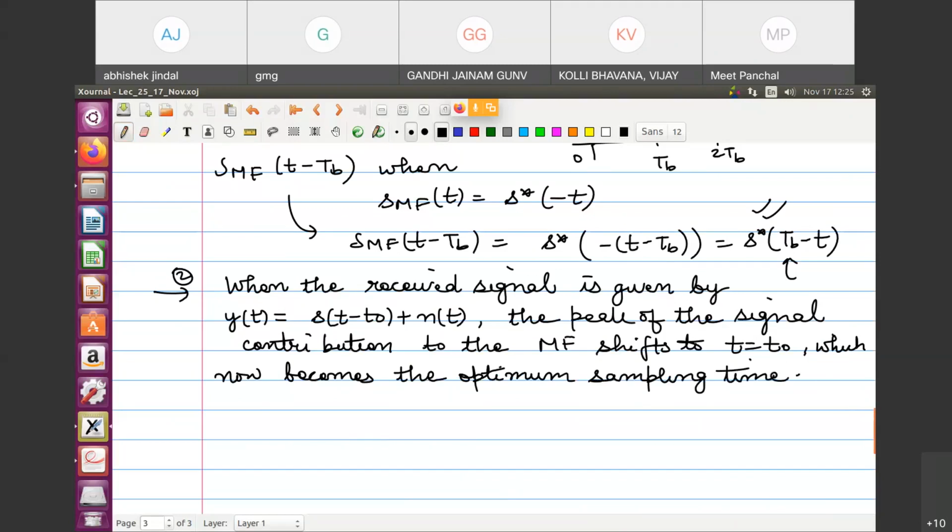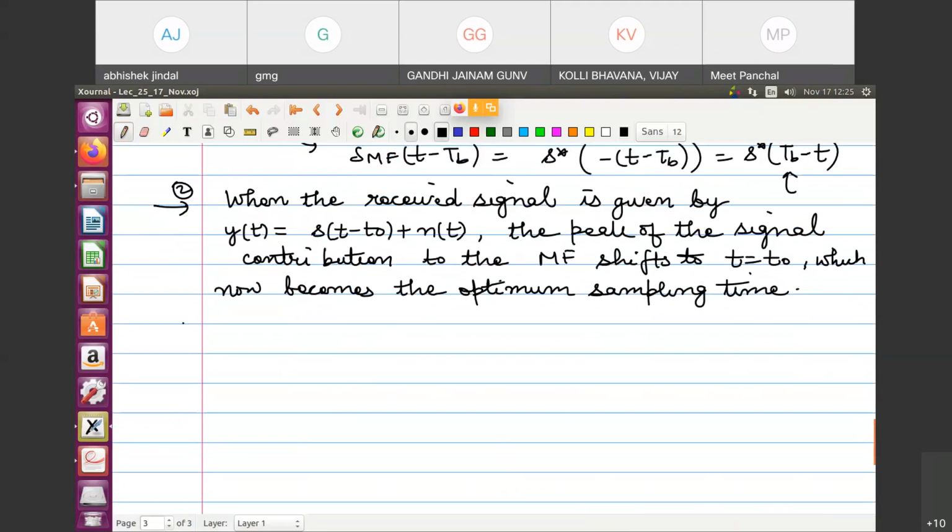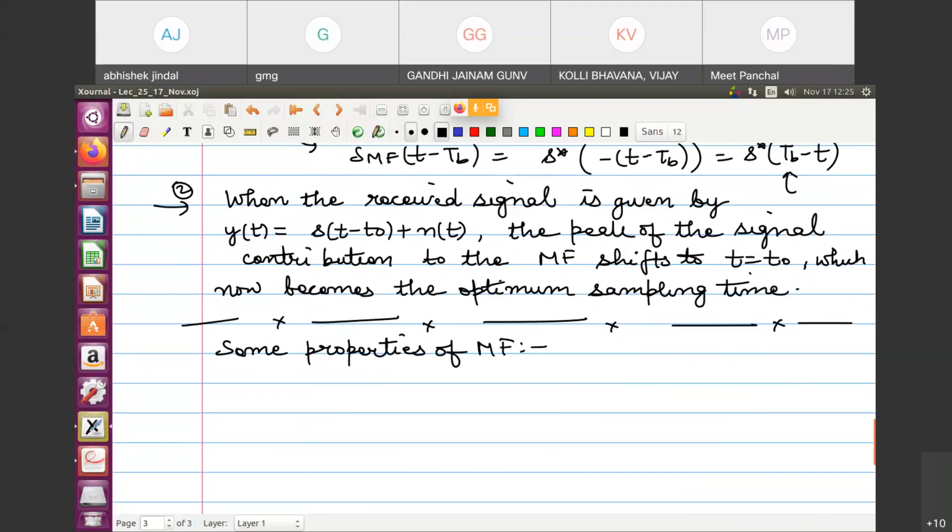So these are the two important observations. Now, some properties of matched filter, we will certainly close our section. What are those properties?